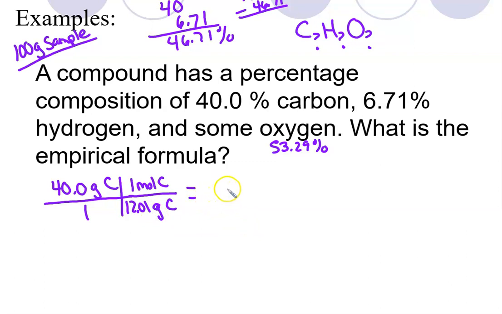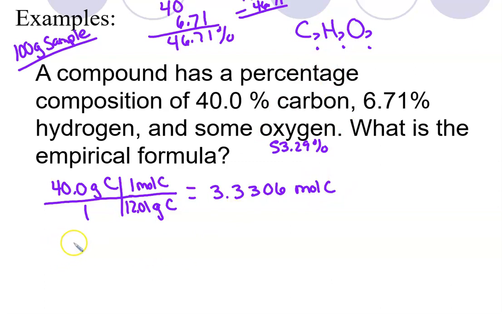I'm going to have you go out several decimal places, and what I would consider several is at least 4 decimal places. Because if you try to round too much, you're going to get bad answers here. So you're going to get 3.3306. And that's how many moles of carbon are in my sample here.